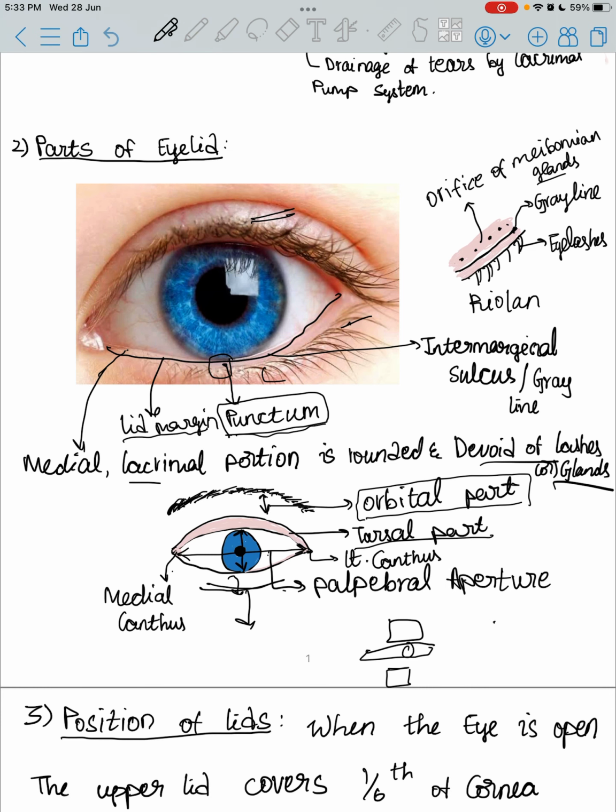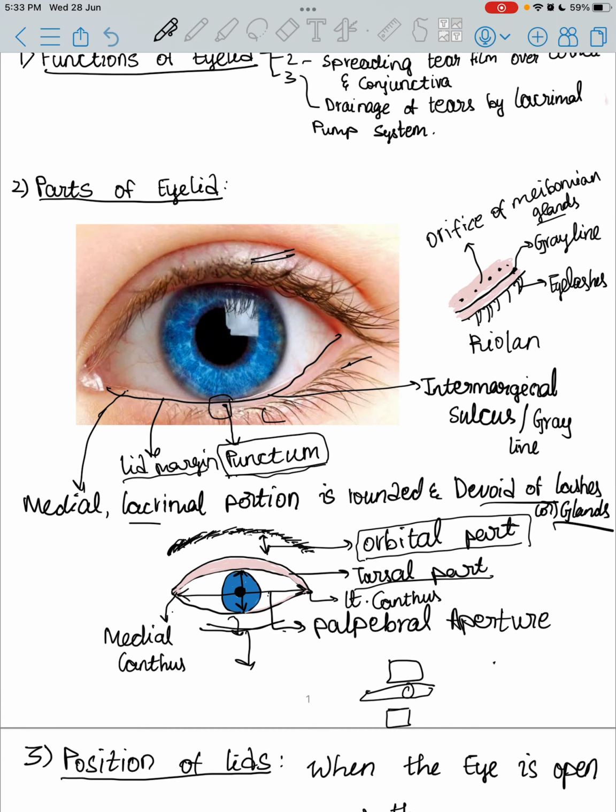It represents the underlying muscle known as the muscle of Riolan, present just anterior to the tarsal plate, and divides the intermarginal strip into an anterior strip bearing 2 to 3 lashes and a posterior strip on which the openings of the meibomian glands are arranged in a row. The splitting of the eyelids when required in operations is done at the level of the gray line.